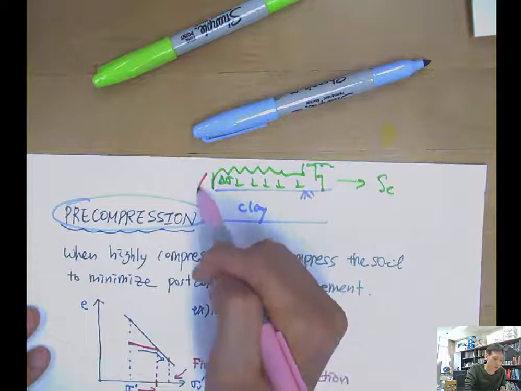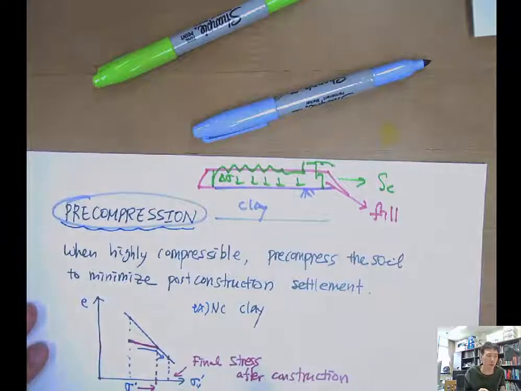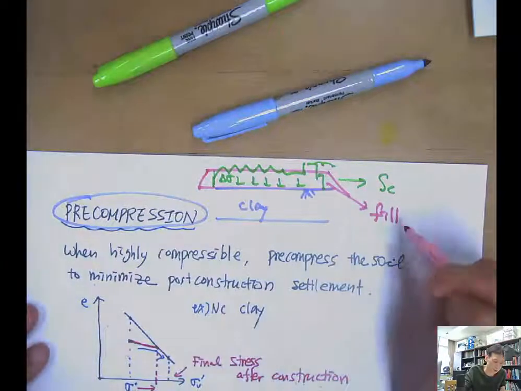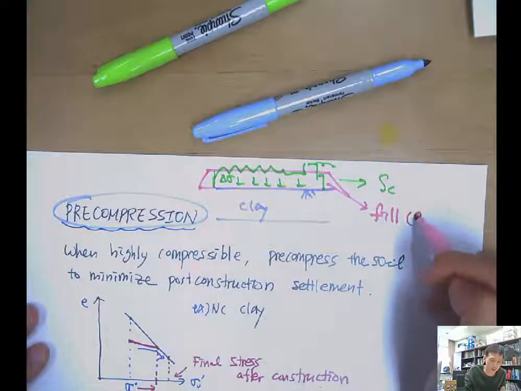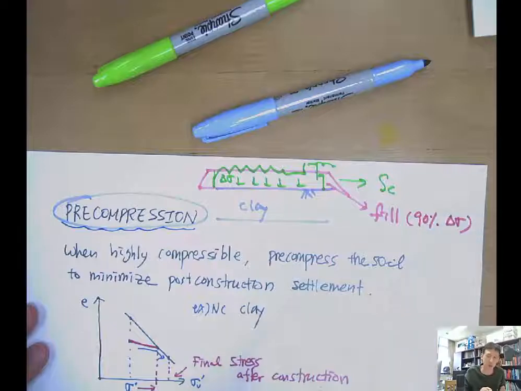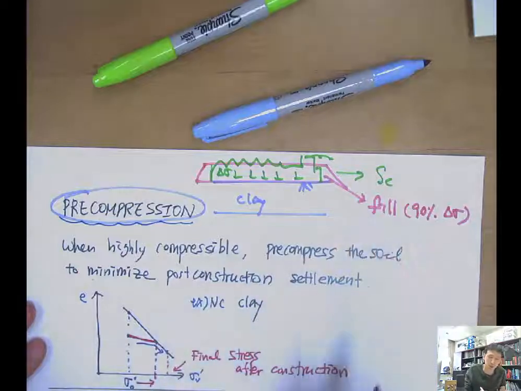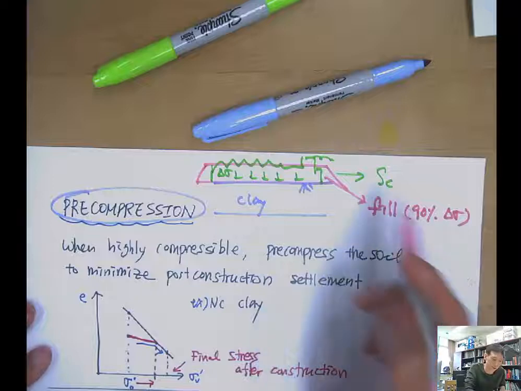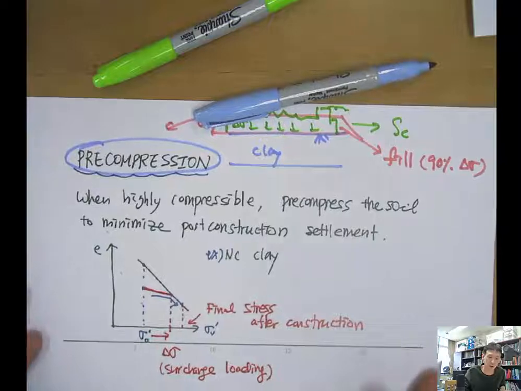Maybe we can just apply some fill that's made of maybe just the soil or the earth material, or it could be just concrete, or it could be water, and it will apply the same amount of the delta sigma, or maybe a little bit less than that, maybe 90% of the delta sigma, apply it, and then we wait until it settles down, and then we can remove it, and then we can start building the actual structure.